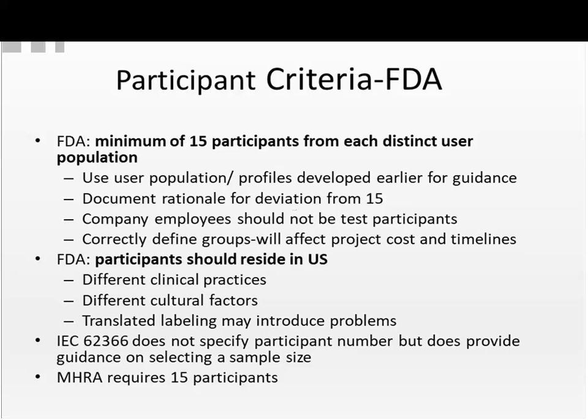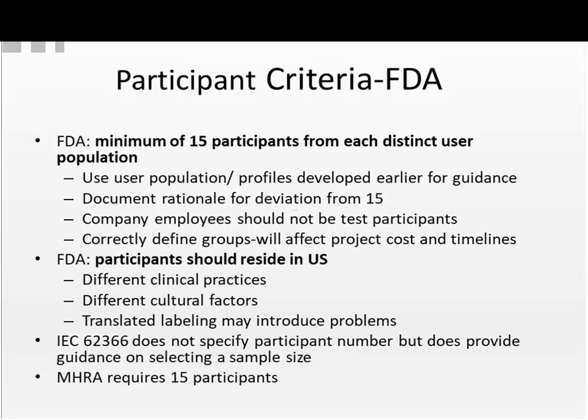And these are based on the user population groups and the profiles that were developed earlier. Now, if you cannot get 15 people, you must document the rationale for not having 15 people.